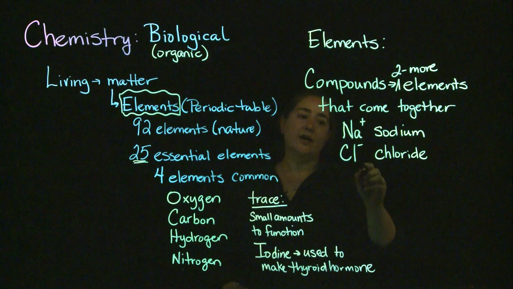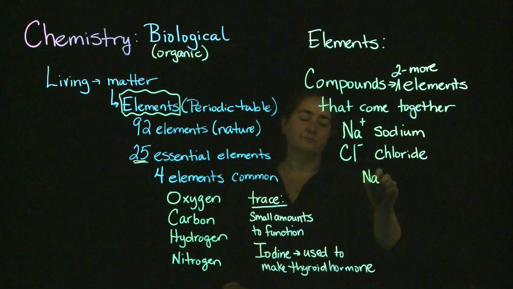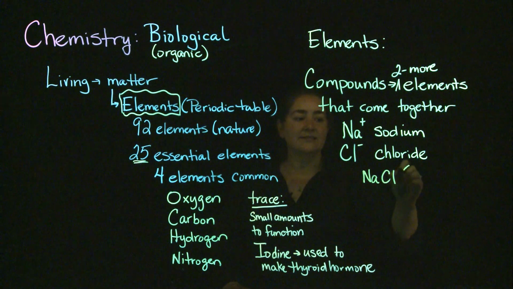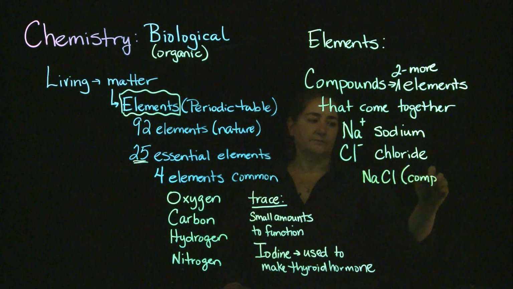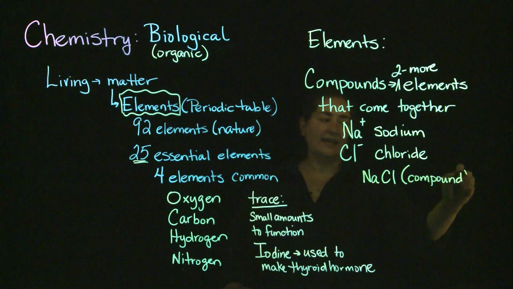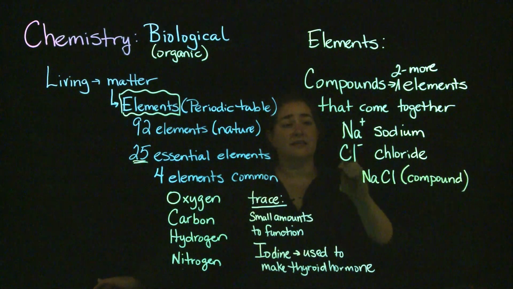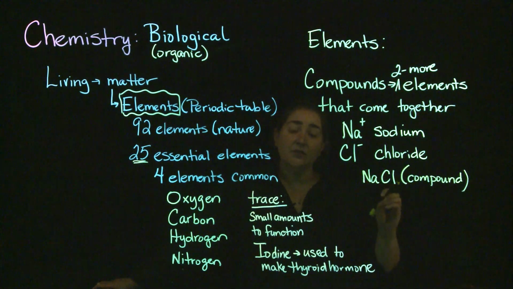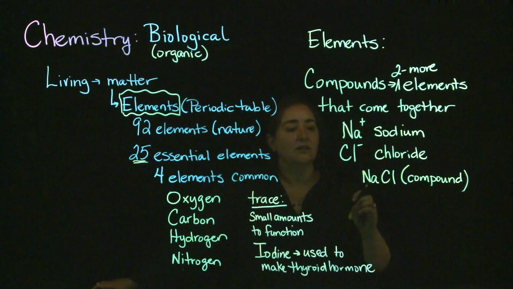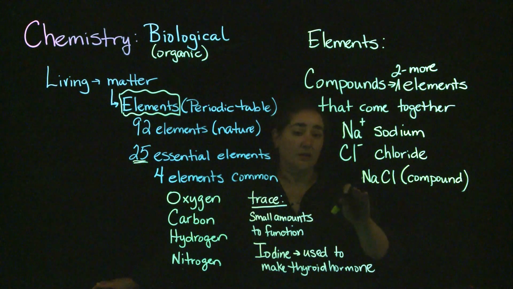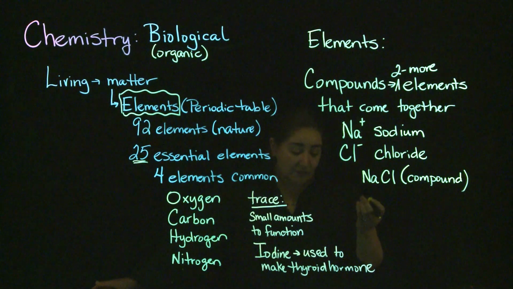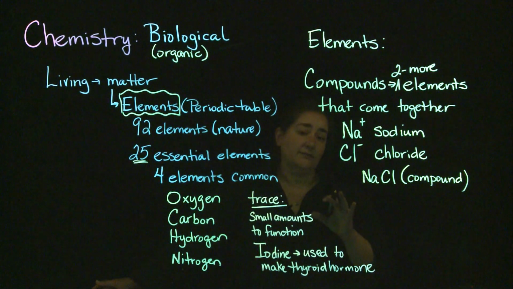But if we combine sodium with chloride, okay, this is now a compound. And the component that makes the sodium and the chloride very reactive has essentially been neutralized, because what we've done is we've formed a bond between sodium and chloride, and now that's much less volatile, all right, although it still has the ability to react, all right?